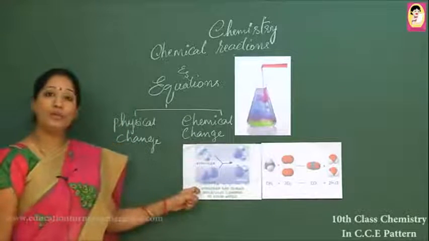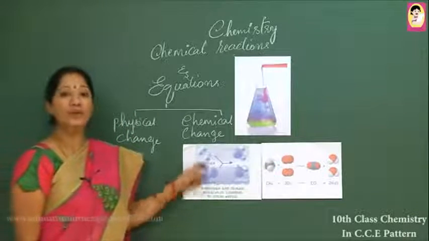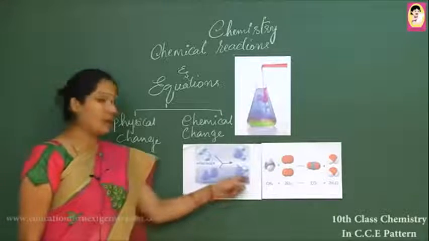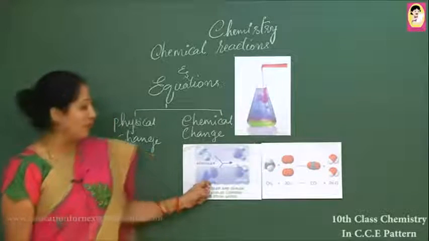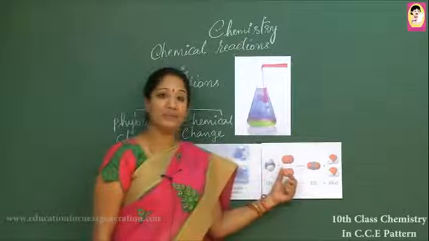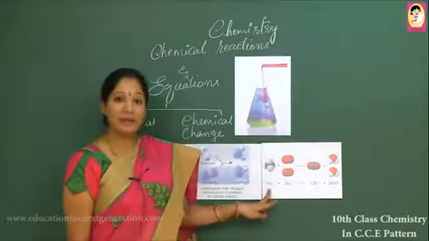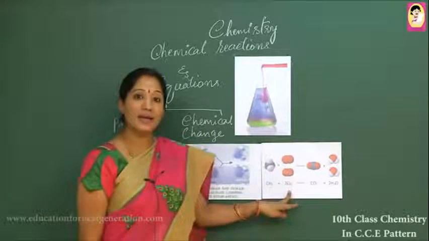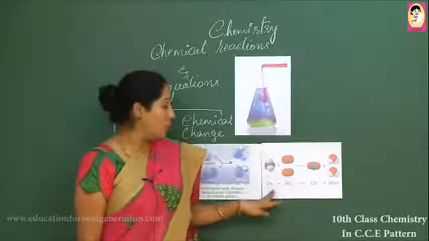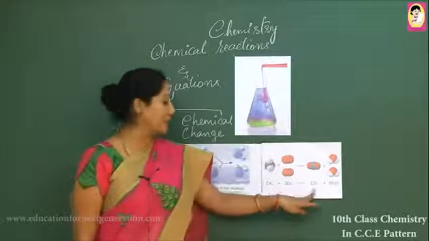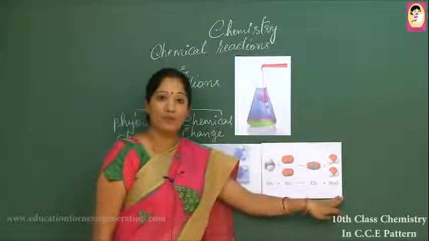Here a new component is formed from two different components. It is called a chemical change. Now if you go for the other reaction, like methane, a gas, reacting with another gas like oxygen, new components are obtained, that is carbon dioxide and water.